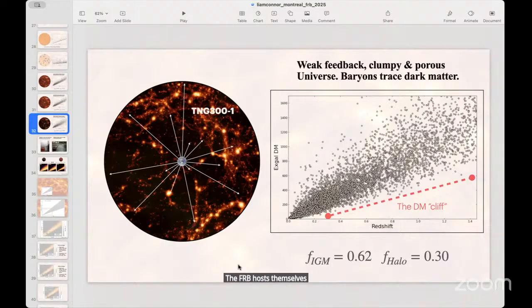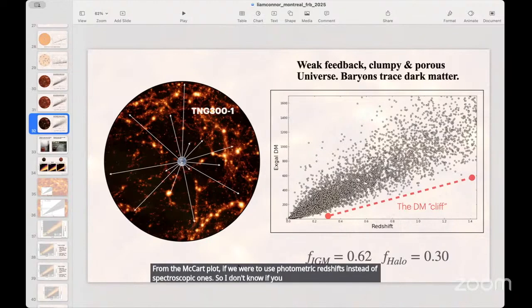I was wondering if you have a sense of how much better or how much worse we would be doing in retrieving baryonic information from the Macquart plot if we were to use photometric redshifts instead of spectroscopic ones. So I don't know if you had looked into that.